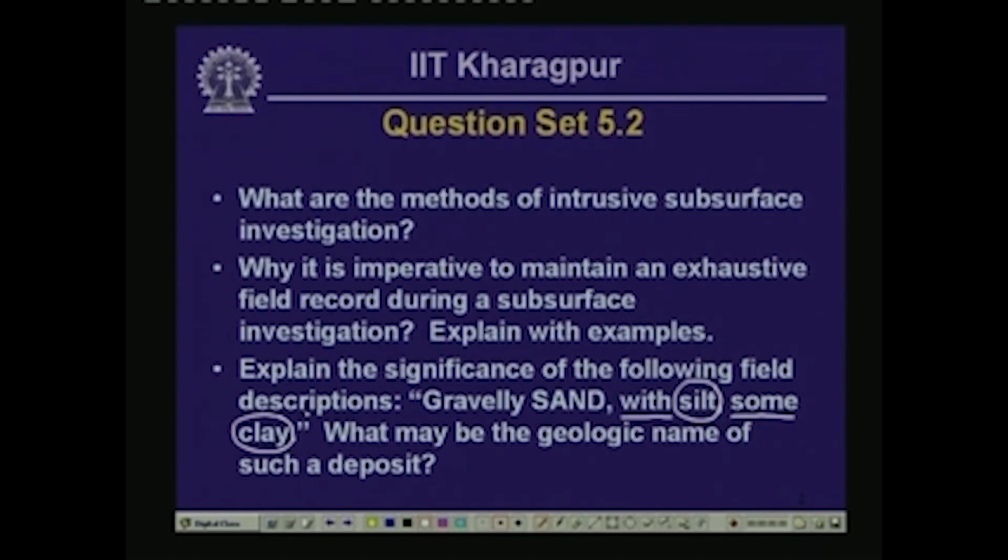So this essentially is a deposit which has a very wide range of grain sizes within its volume, and one such deposit we talked about in one of the previous lessons is till deposit. Till is directly deposited from ice, glacial ice. So that is in a sense the second part of the third question, and what I asked is a possible geologic name of such a deposit, and this deposit could indeed be a till deposit.